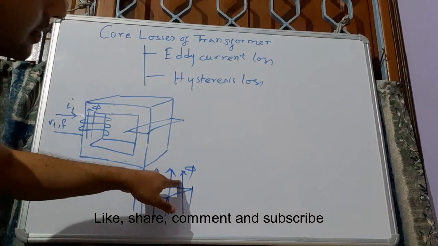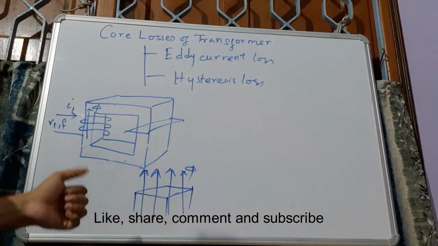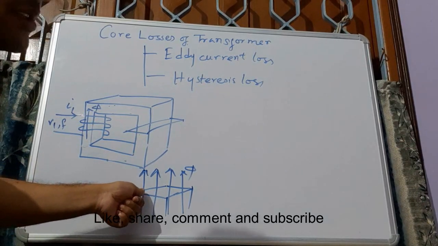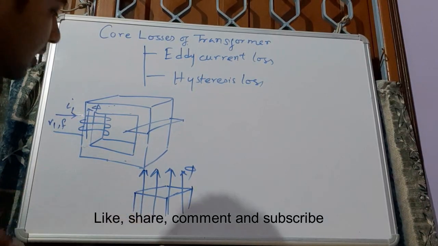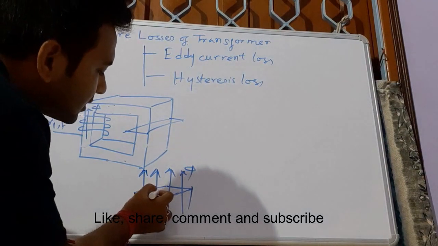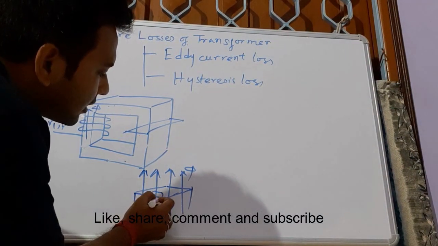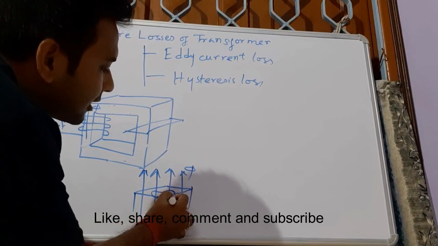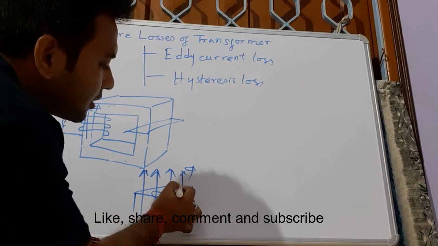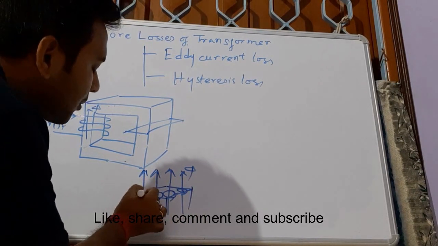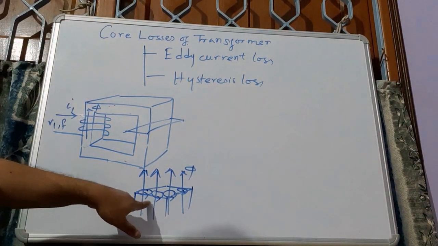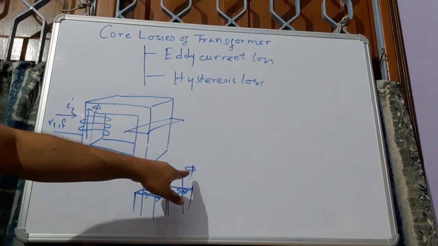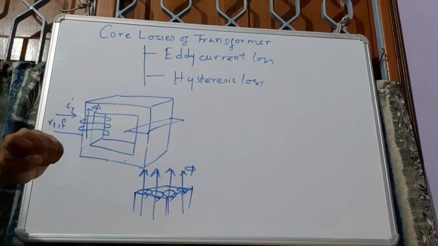Okay, this flux creates a circulating current for each line of force. For this flux there will be this current. For this flux there will be this current path. There are multiple numbers of circulating currents flowing for this flux, right?